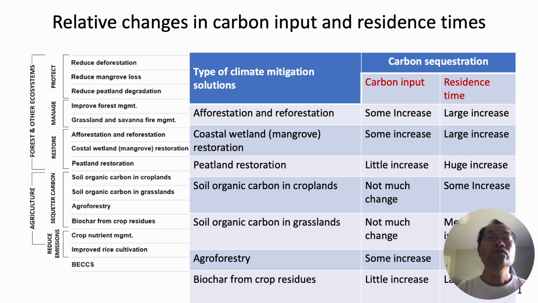Similarly, coastal wetland restoration may increase carbon input slightly but substantially lengthen carbon residence time. Peatland restoration greatly lengthens the residence time with a little change in carbon input. Most of the land-based carbon dioxide removal substantially increased carbon residence time with a little change in carbon input.